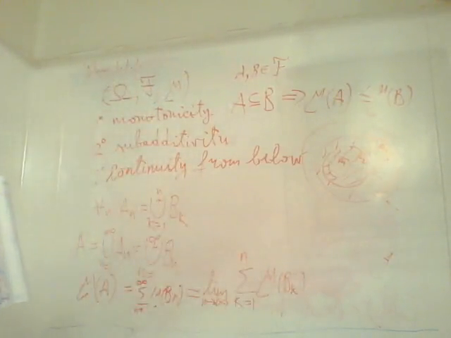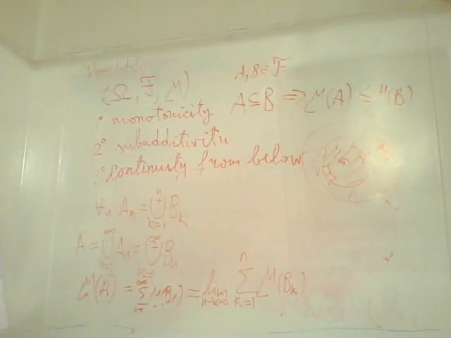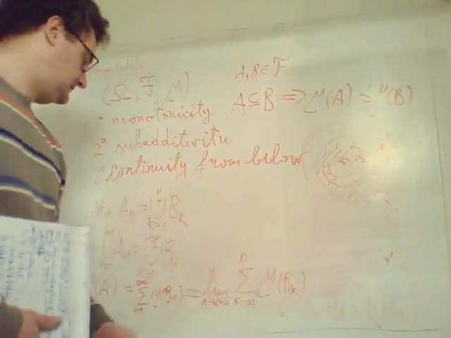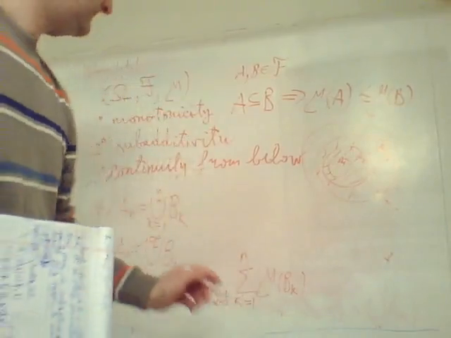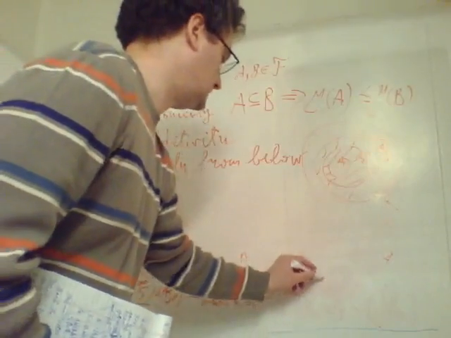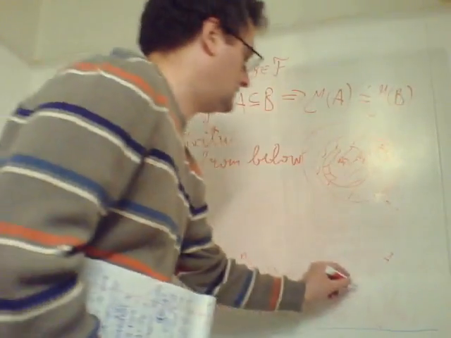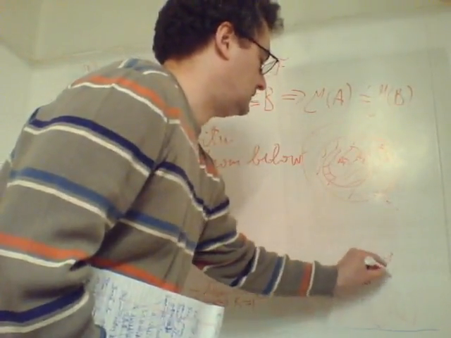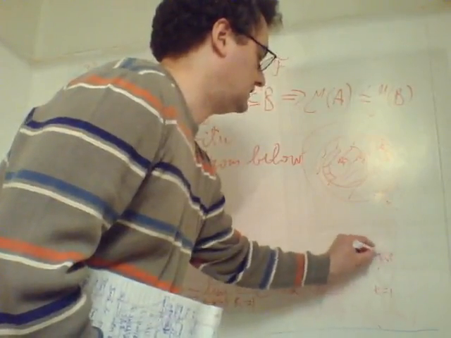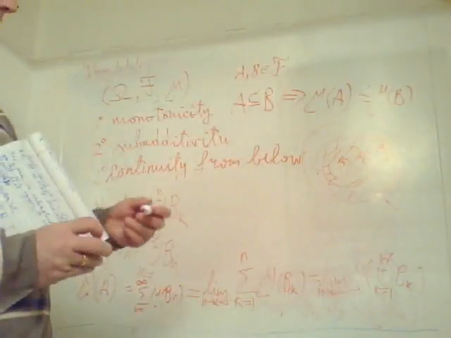But because the Bn's are disjoint, we just copy the limit, and this is just mu of the disjoint union, k goes from 1 to n, of Bk's.